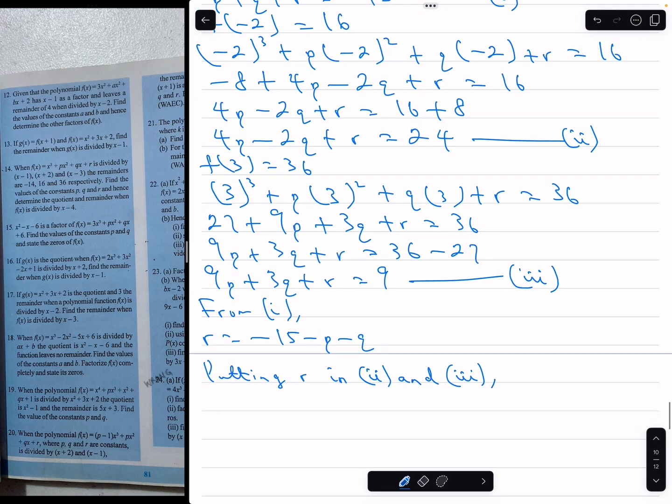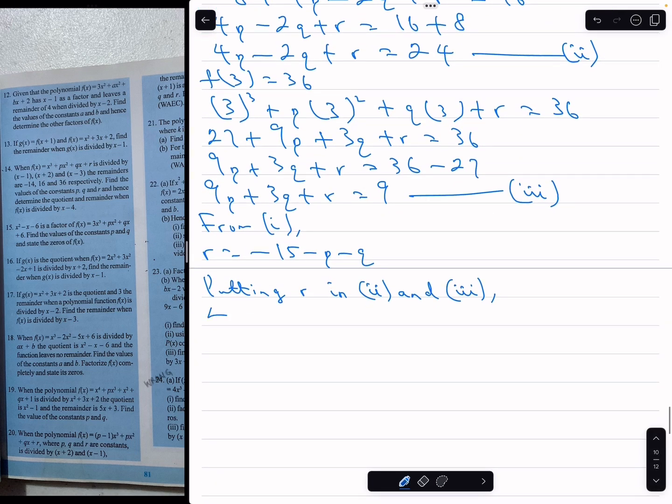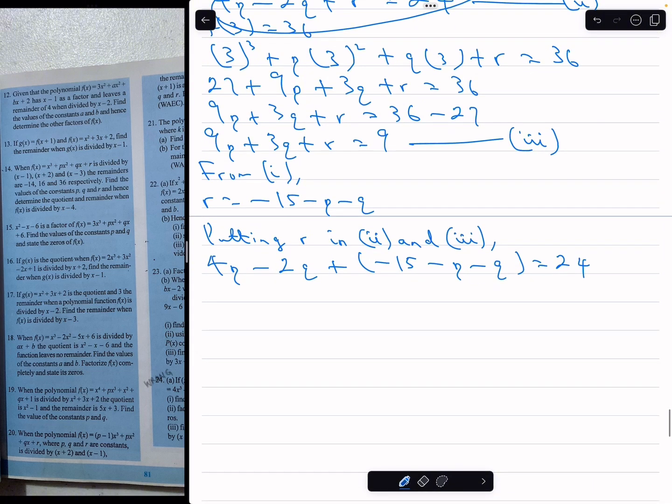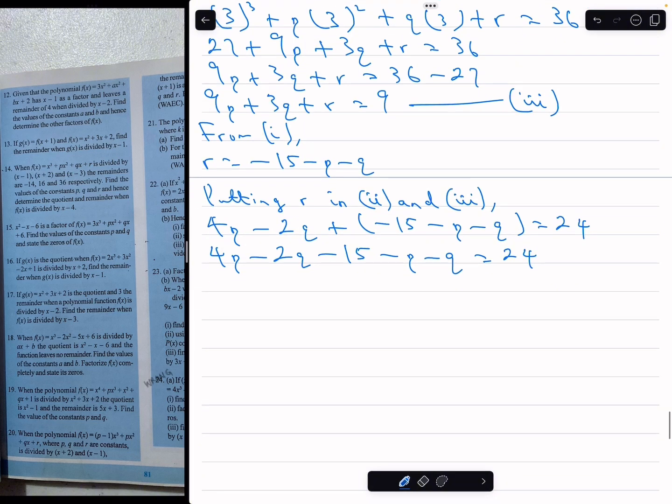So if I put it in equation 2, I'm going to have 4p minus 2q plus minus 15 minus p minus q equals 24, which means 4p minus 2q minus 15 minus p minus q equals 24.